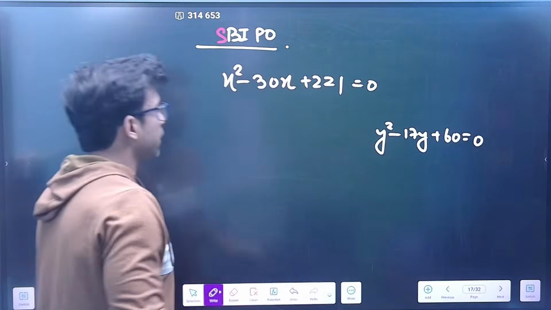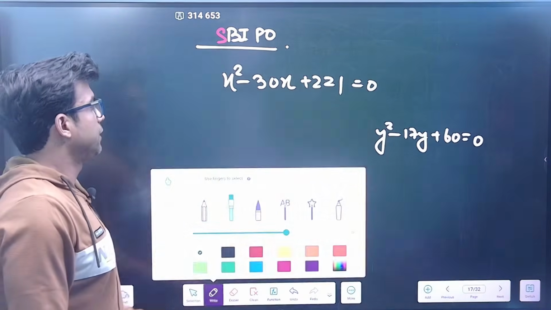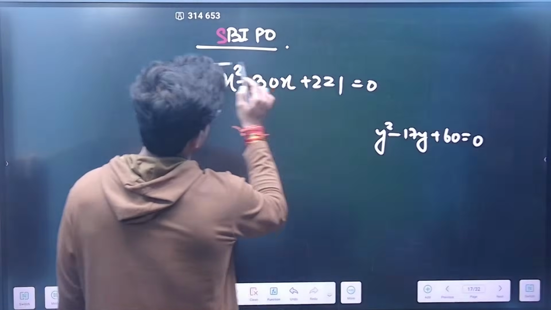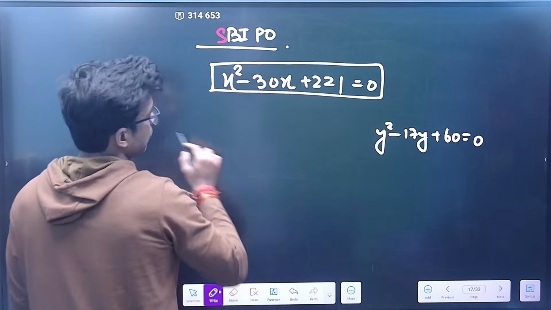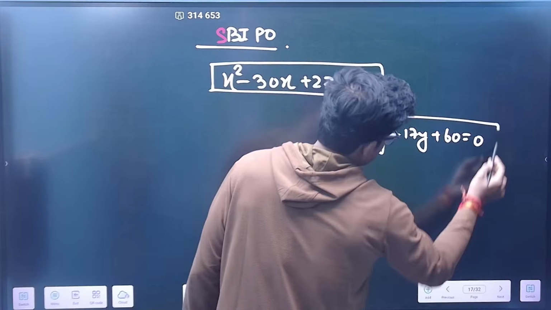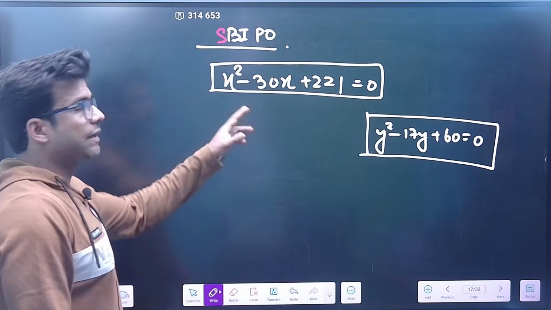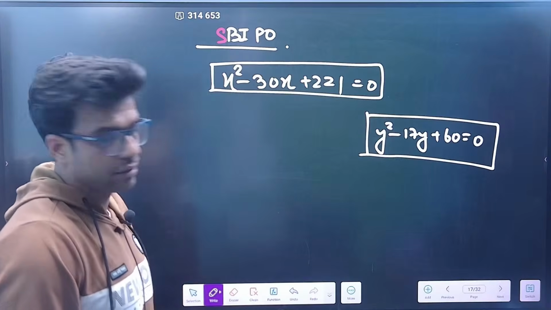See, the hurdle part is what? These are exam oriented questions, everyone. As you know, this came in one of the exams, SBI PO. This also came in SBI PO. Students feel problems with how to factorize this. Now this is when the coefficient of x square is not there.